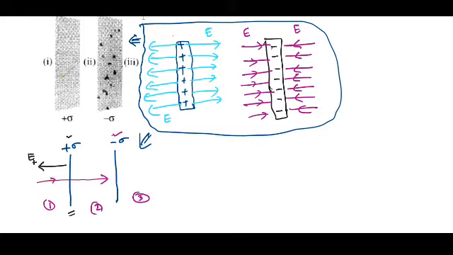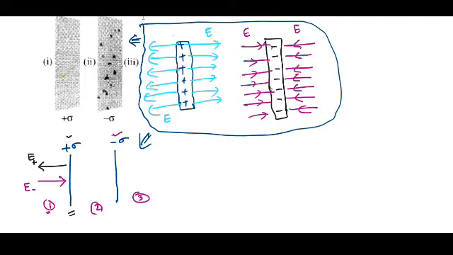If I am interested in drawing the electric field lines in region 1 only, then I have to draw the electric field like this one. That is, electric field lines going into the negative sheet, because of the negatively charged sheet, is in this direction in region 1. This is nothing but E minus. E minus means electric field due to the negative charges.